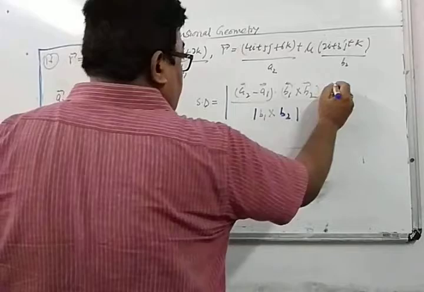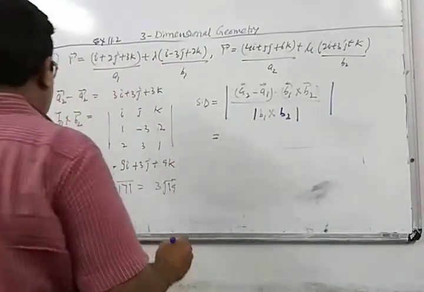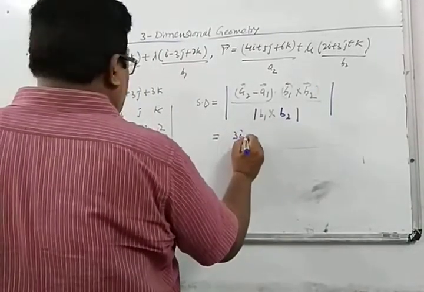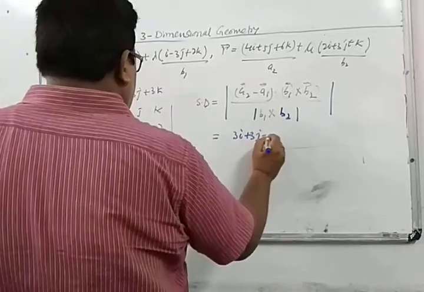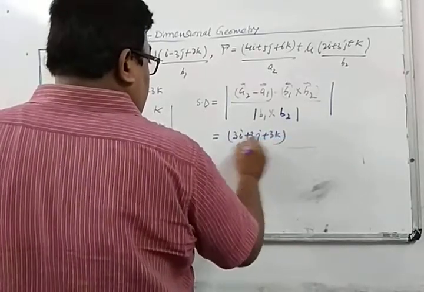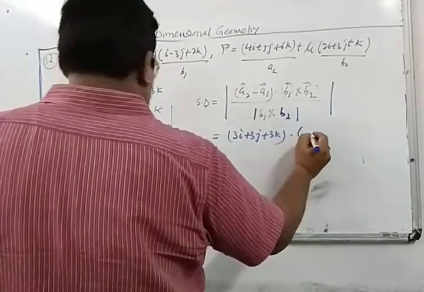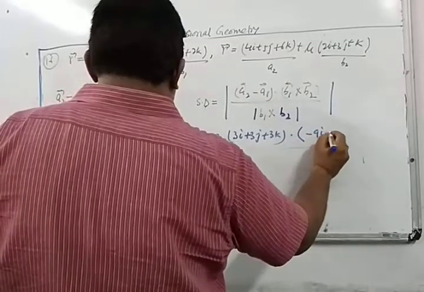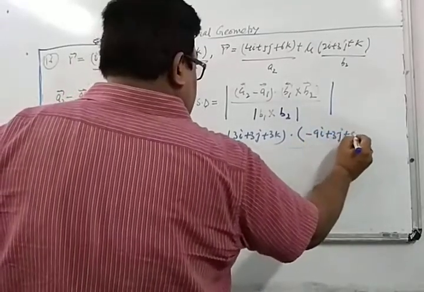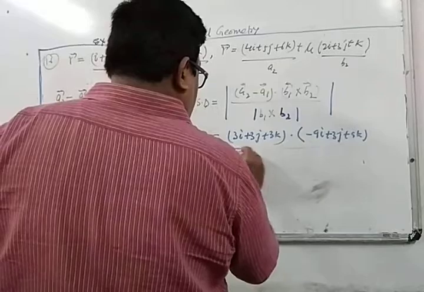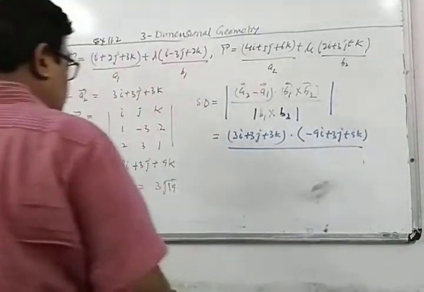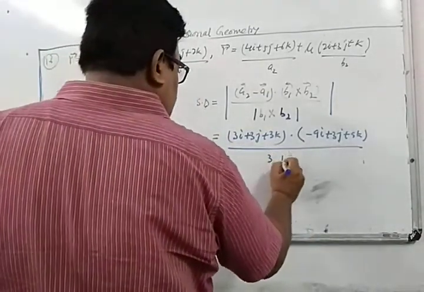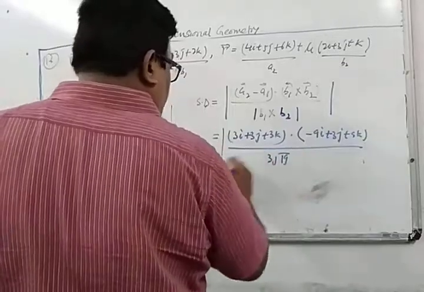We put the value of A2 minus A1, which is 3i plus 3j plus 3k, dot B1 cross B2, minus 9i plus 3j plus 9k, upon the value of mod B1 cross B2, which is 3 root 19.